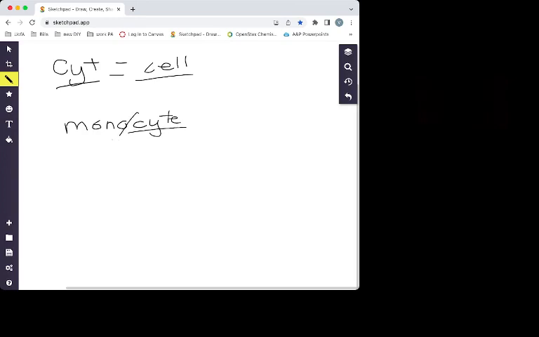A lot of times you'll see me do this type of nomenclature to tell you that mono is one medical term and cyte is another medical term. Mono means one and cyte means cell. This is something we don't need to worry about, but this is an example of the cellular level of organization.